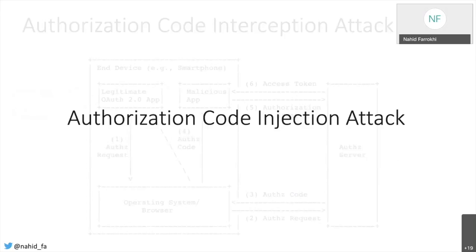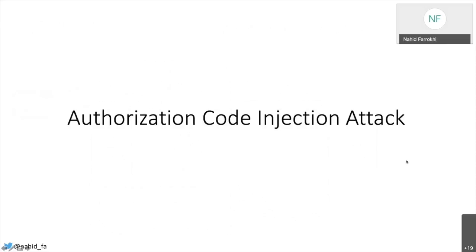The next attack I'm going to talk about is the authorization code injection attack. This attack is not so common, but it is happening, and it is happening for the confidential client. This attack is actually very hard to visualize and draw pictures for, so I'm going to try to explain it.